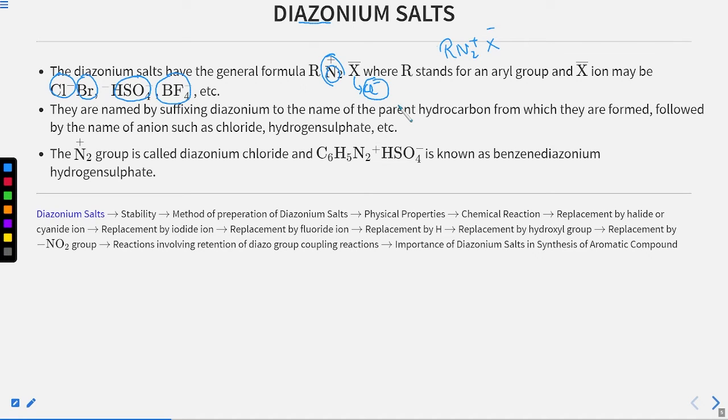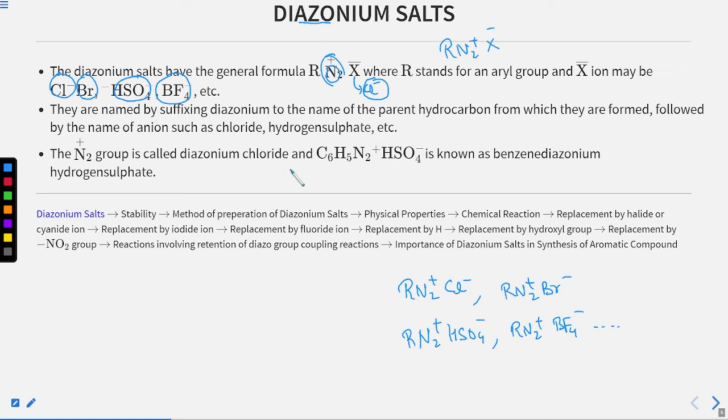So you can have RN2 plus Cl minus, or RN2 plus Br minus, RN2 plus HSO4 minus, or RN2 plus BF4 minus. You can have each of these, or many more. They are all in the class of diazonium salts.